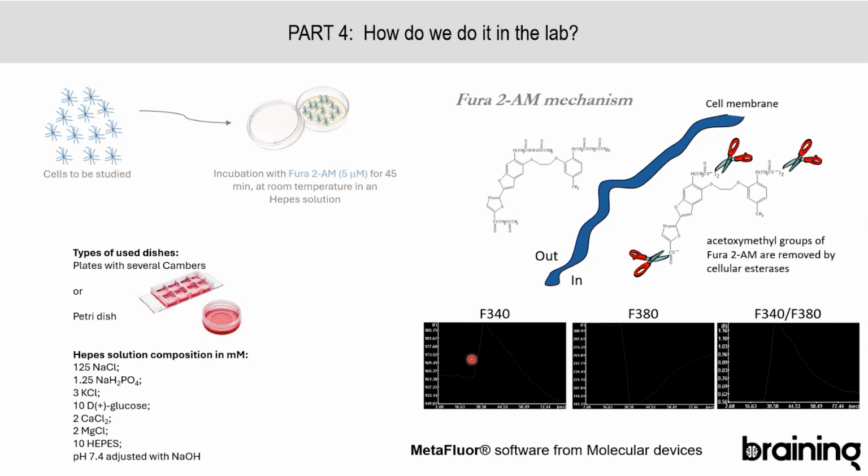And since it's a ratiometric dye, when we have an increase of calcium in the intracellular space, in the cytoplasm of the cells, we will have an increase in the fluorescence that corresponds to the stimulation at 340, and a decrease in the fluorescence that corresponds to 380.